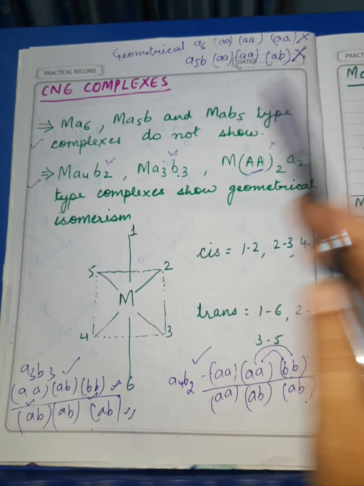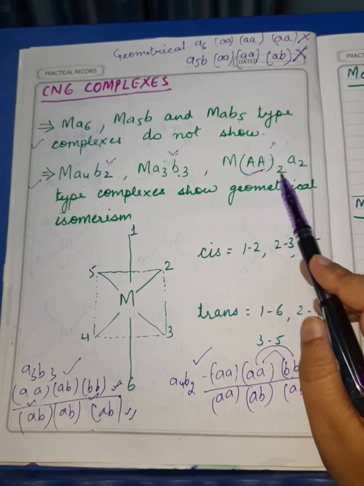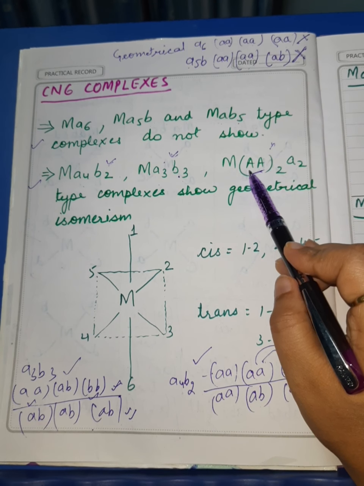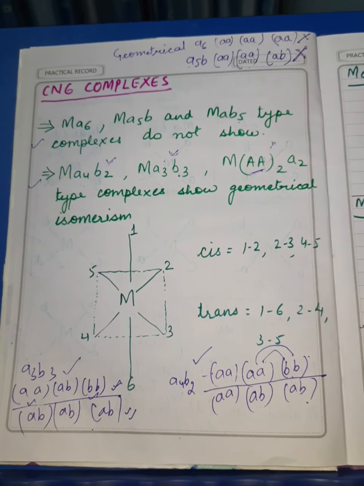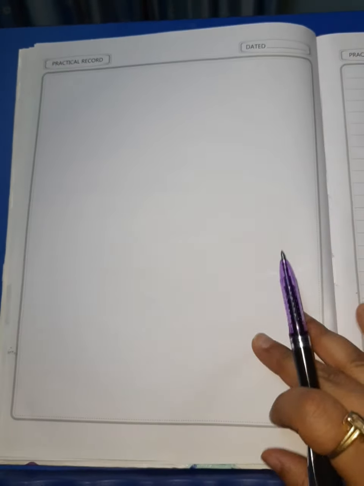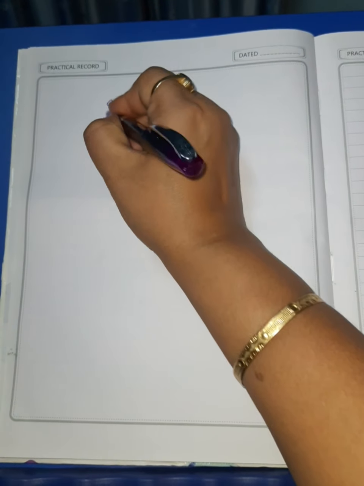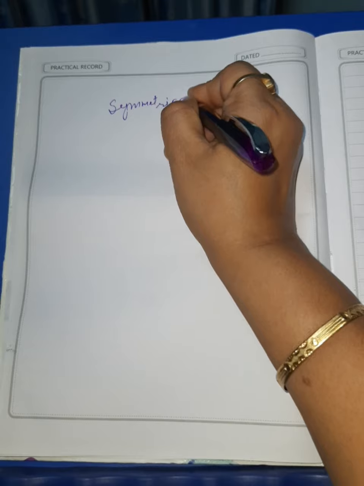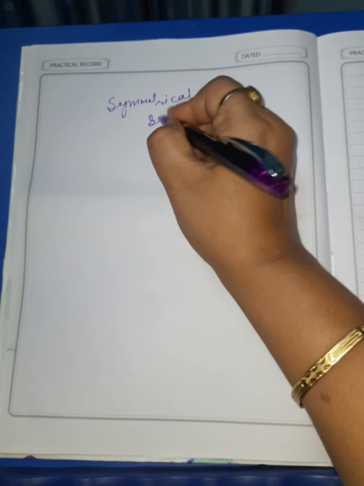So you can see here. Now what is this M(AA)2A2? AA represents a symmetrical bidentate ligand. What is the meaning of symmetrical bidentate? Let us understand with the help of an example.